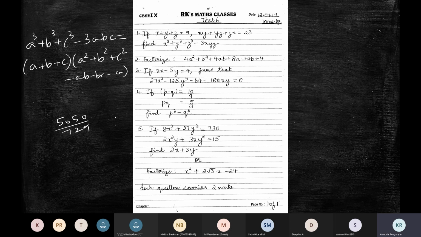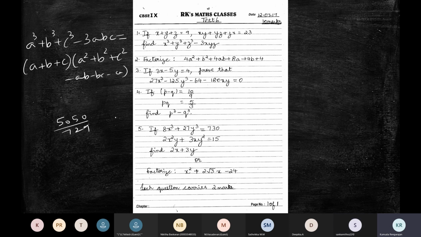In question number 5, what is the value of 2x plus 3y? You didn't try that, is it, Sangamitra? Is it 1000? 2x plus 3y, the whole cubed is 1000.